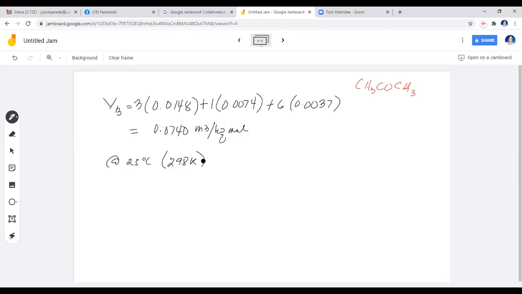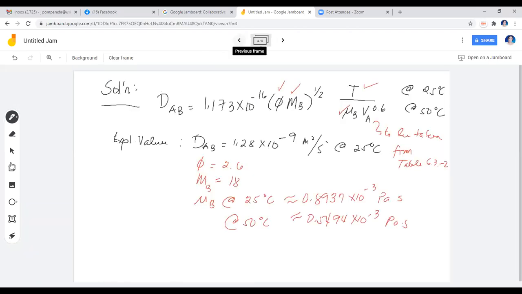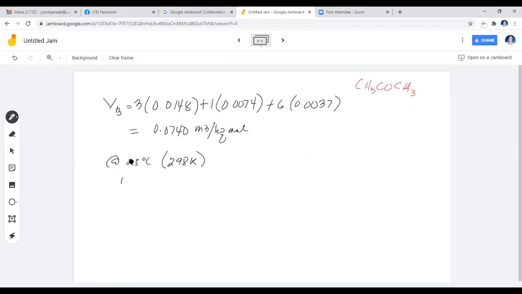So you will have DAB, this one, the DAB formula that we have.